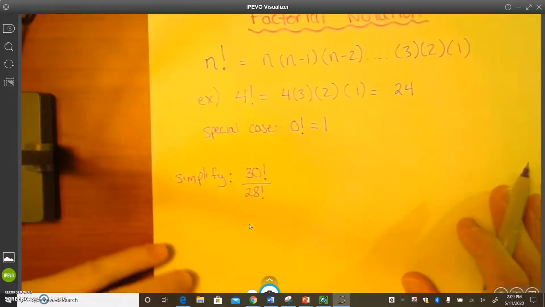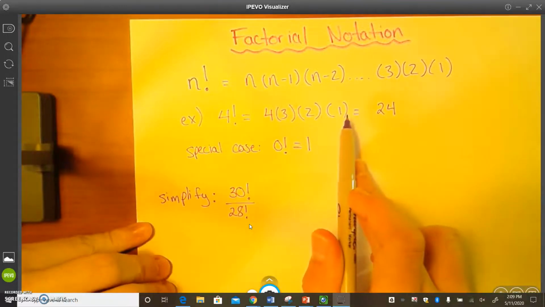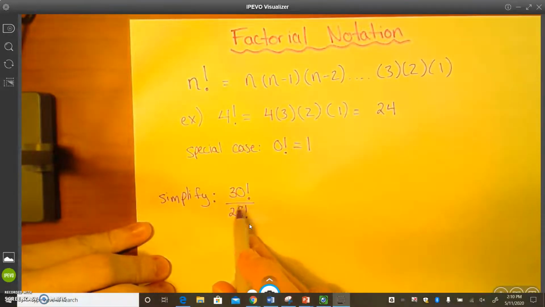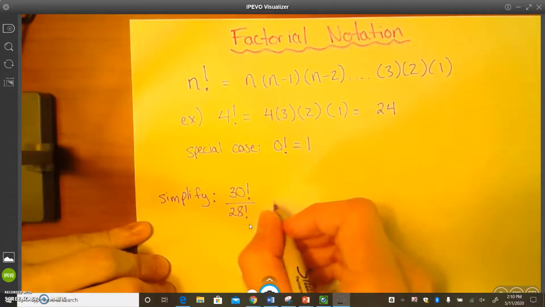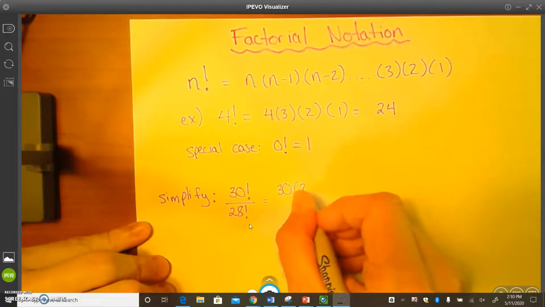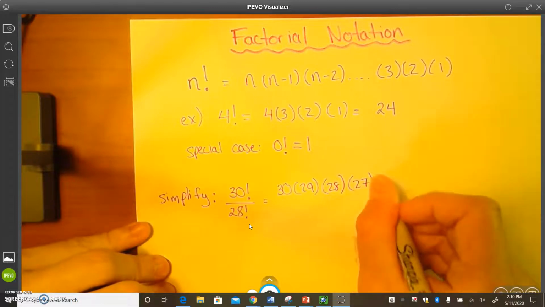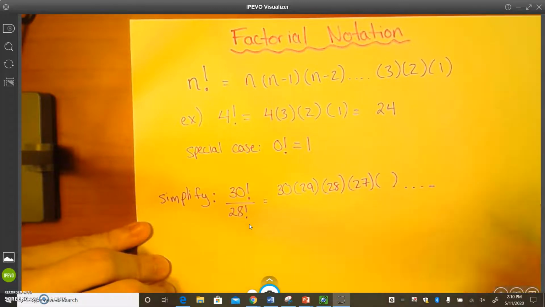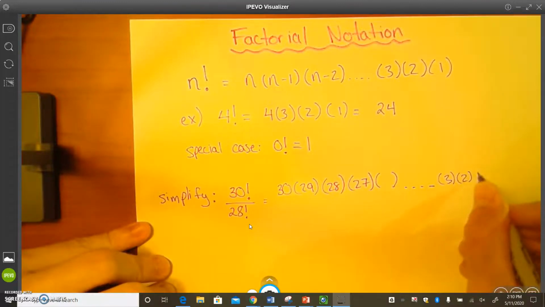Now, working with factorials is usually not going to stay as simple as 4 times 3 times 2 times 1. So we have a very quick example, which at first looks ridiculous: 30 factorial divided by 28 factorial. If you write this out, it's really saying 30 times 29 times 28 times 27 times, I'm not actually going to write all 30 here on the video, I'm going to keep it short, times 3, 2, and 1.